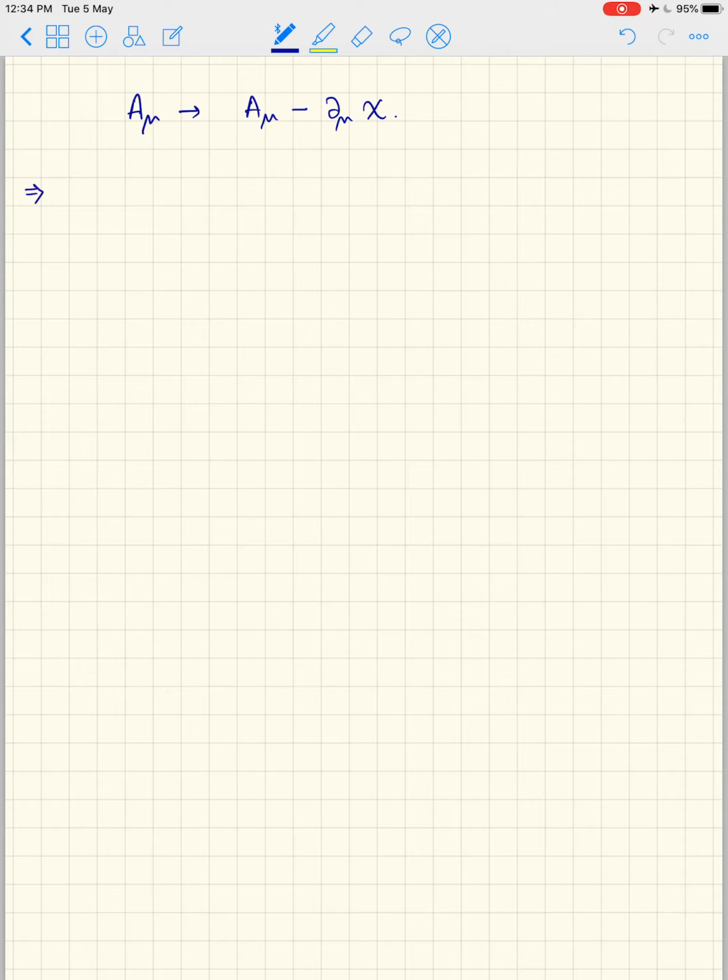So this essentially means that F mu nu, which is del mu A nu minus del nu A mu, is going to go to del mu of (A nu minus del nu chi) minus del nu of (A mu minus del mu chi).